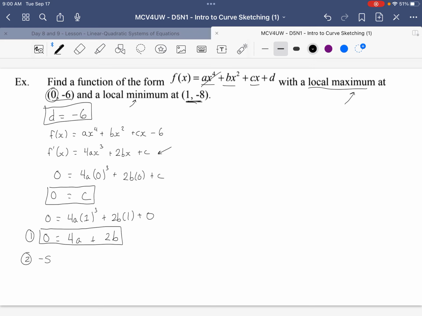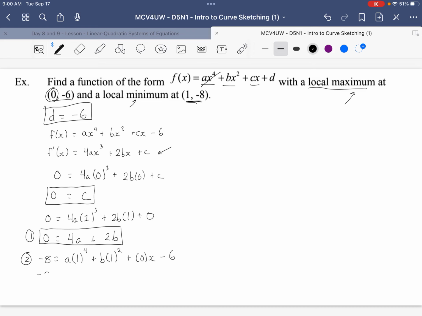I can say that -8 is equal to a times x, which would be 1 to the 4, plus b times x to the 2, plus c, which is 0, and then d is -6.